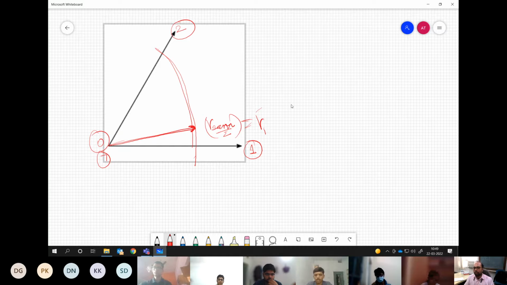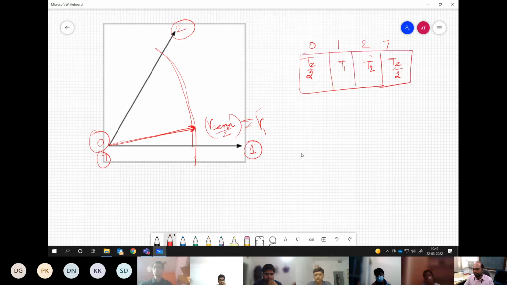We know we are following the sequence 0, 1, 2, 7, dividing the zero time equally, and T1, T2 are what we computed from our dwell time computation. Where do we start applying? What is the meaning of this Tz by 2? What is the meaning of T1? You have to realize the sample at this location gamma 1.